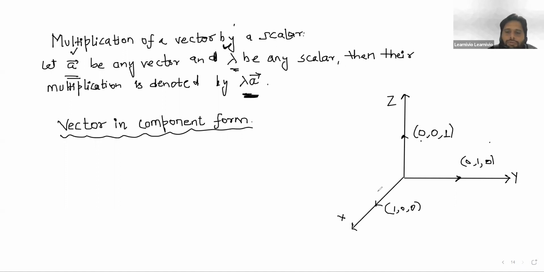Now each of these has a length of 1 unit. I will represent these by i cap, j cap, and k cap.